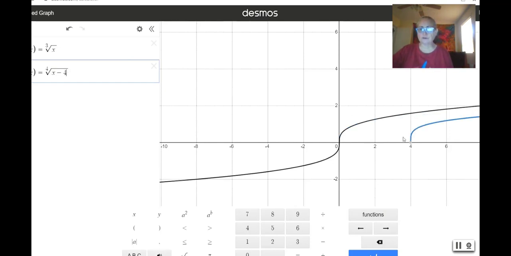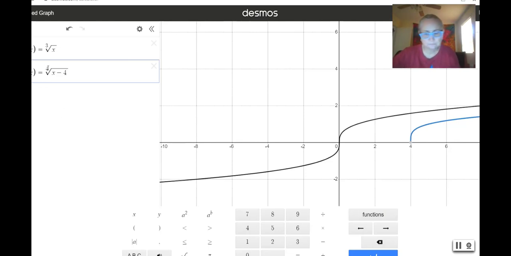Now look, it's over here now. So it's gone to the right. Now when we reflect by changing the sign of x, that 4 is going to go over here to -4. And this 1 is going to go over here to -1. So I'm going to sneak a little negative in there.